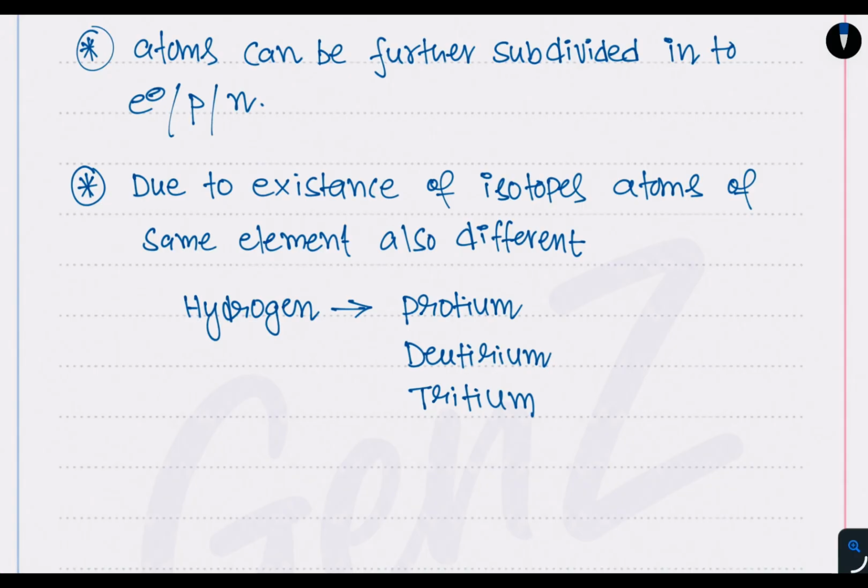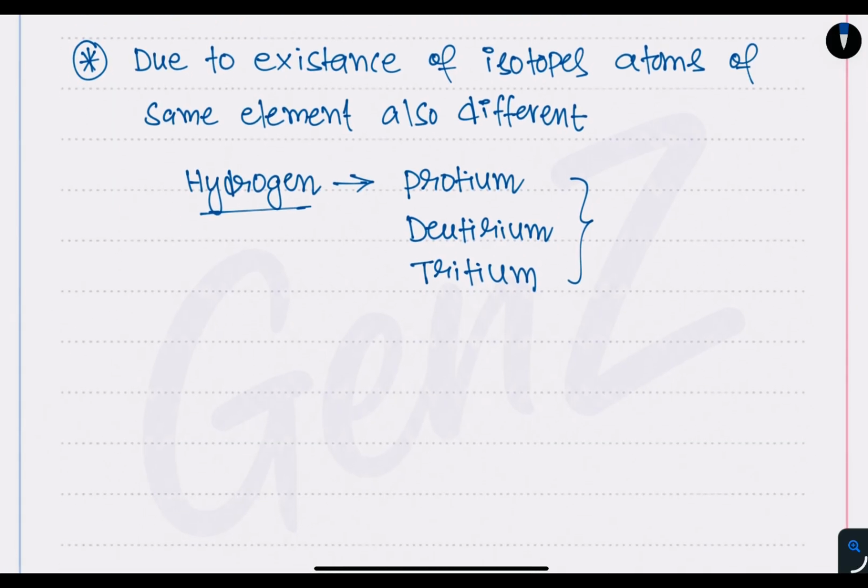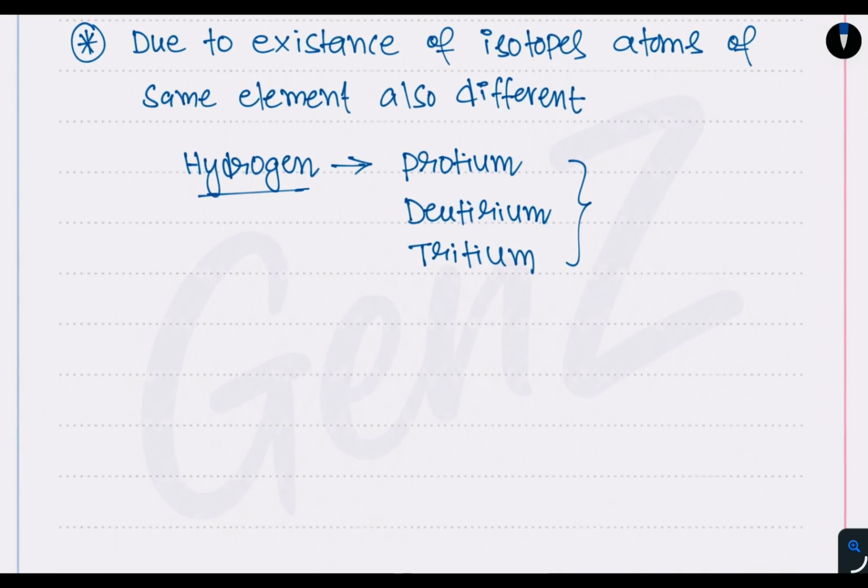That means atoms of the same element can also be different, so our second postulate is also proved wrong.